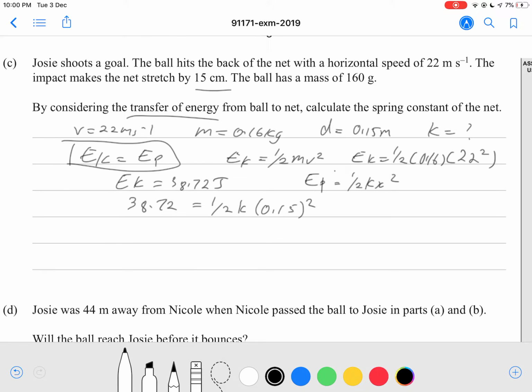If we move the half to the other side, it becomes 38.72 times 2 divided by 0.15 squared. That should give us our answer. Our answer should come out to be 3,441.78 newtons per meter.